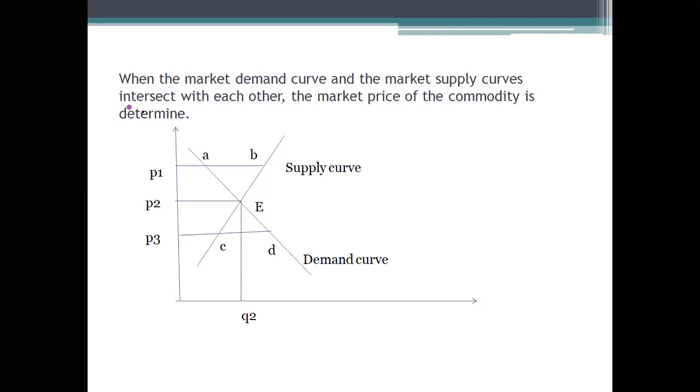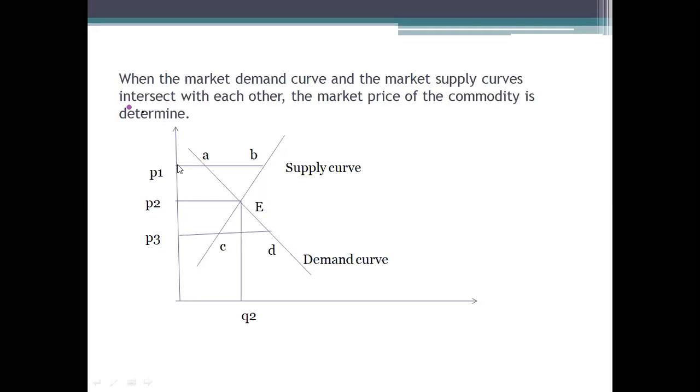Now suppose the price is P1. P1 is above the equilibrium point. What is the equilibrium price? P2 is the equilibrium price. So P1 is above the equilibrium price. If it is P1, what is the amount of demand? Demand is determined only on the demand curve.